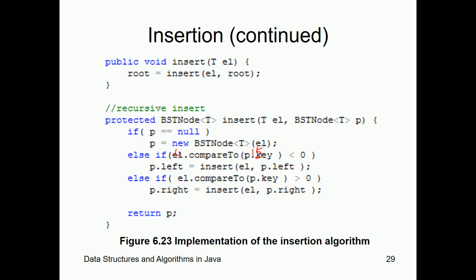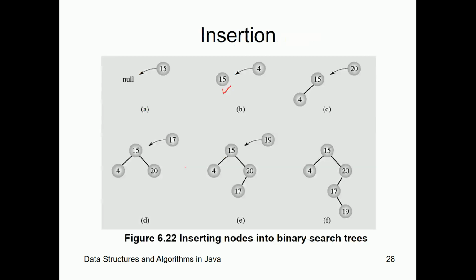Now check this code. If I'm entering 15, is 15 less than 15? I'm coming back here. Is 15 greater than 15? No. So if it's equal, it will just return p. It will not insert it.